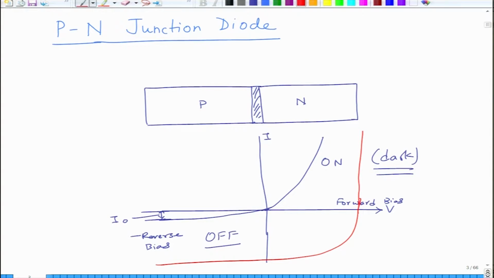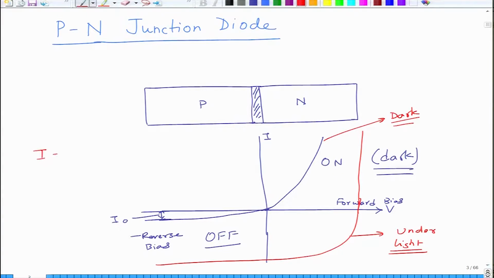In the context of a solar cell, this is under dark and this is under light. So, our objective is to understand how you get these two curves based on whatever background we have built on the basis of basic semiconductor knowledge.